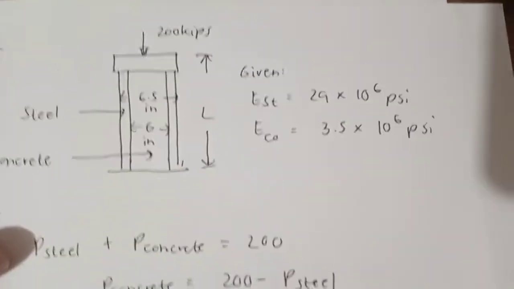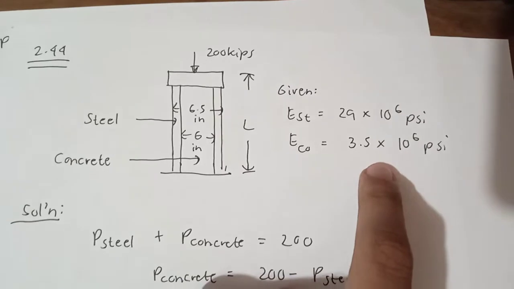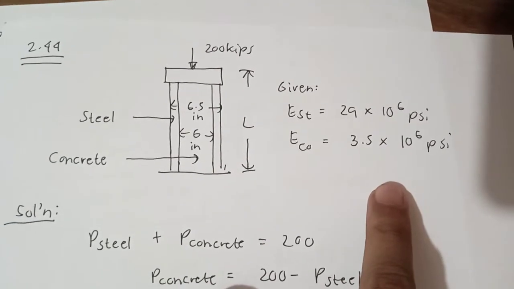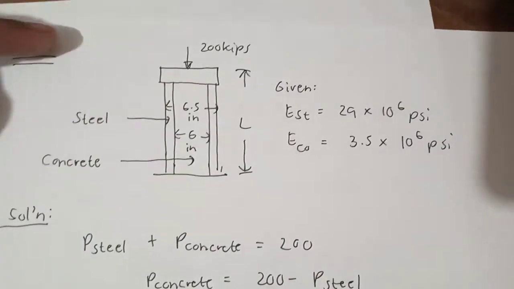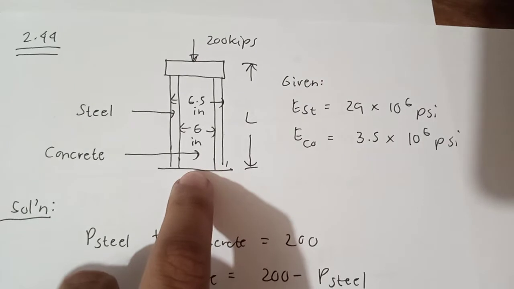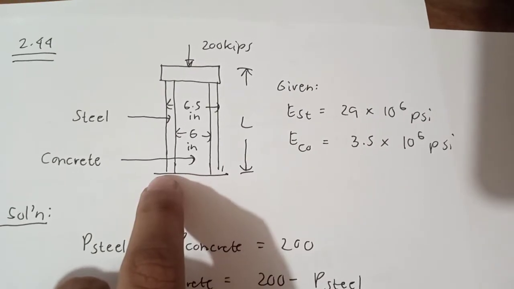I have already prepared the solution for 2.44. I just redrew the figure and put in all the givens. Here it carries 200 kips, and inside it is composed of concrete and outside it is composed of steel.